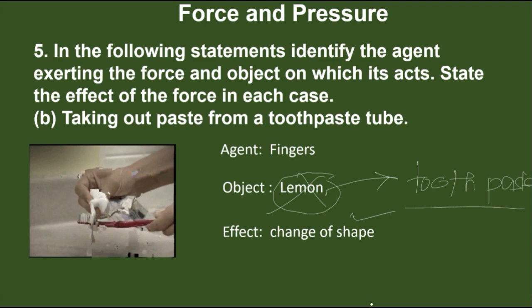Change in shape. So lemon is the wrong answer here. We have to go for toothpaste. I hope you have understood. We are using fingers on an object called toothpaste, and the effect is change of shape.